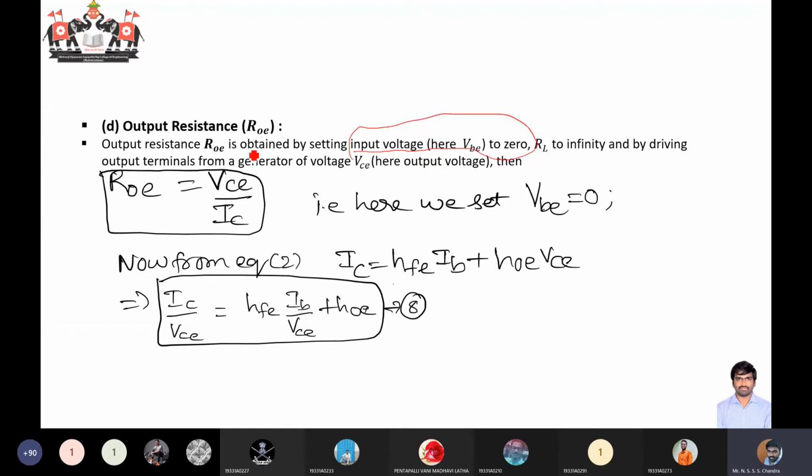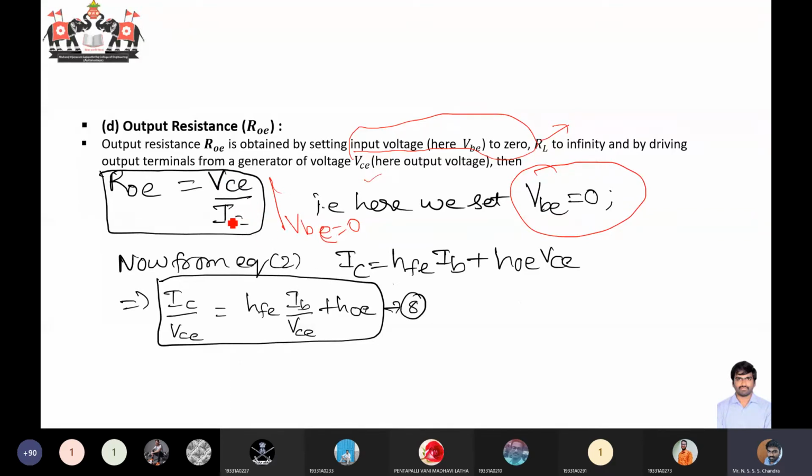We should first set the input voltage to be 0, and you have to set the RL value to be infinite. Then if you are giving a voltage VCE and obtaining a current IC, then ROE will be equal to VCE by IC. This is very much important. So this is defined only for VB equal to 0.